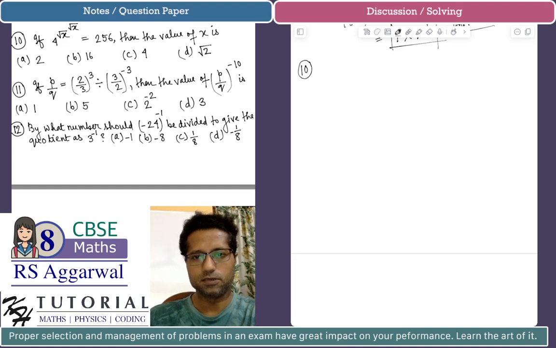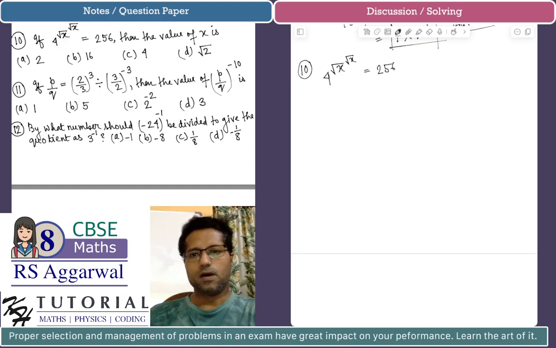On the left hand side, this 4 is raised to the power root x, and this is also raised to the power root x, and it is equal to the given 256. If it's not clear what exactly is happening on the left hand side, this is nothing but 4 raised to the power, the power is root x, which is raised to the power root x.